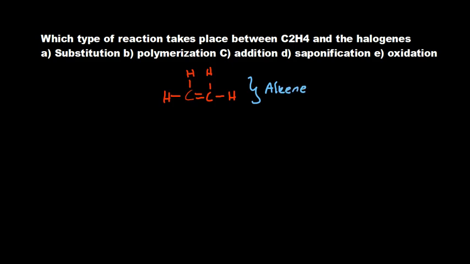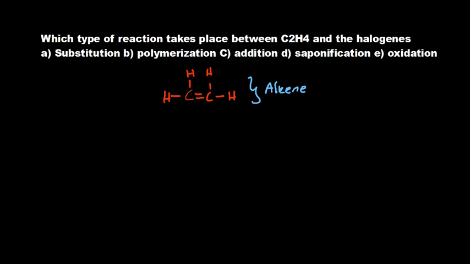Okay. So which type of reaction would take place between C2H4 and the halogens? Now, how do we go about this? The thing to note is that this compound still has spaces to be filled up. It is unsaturated.